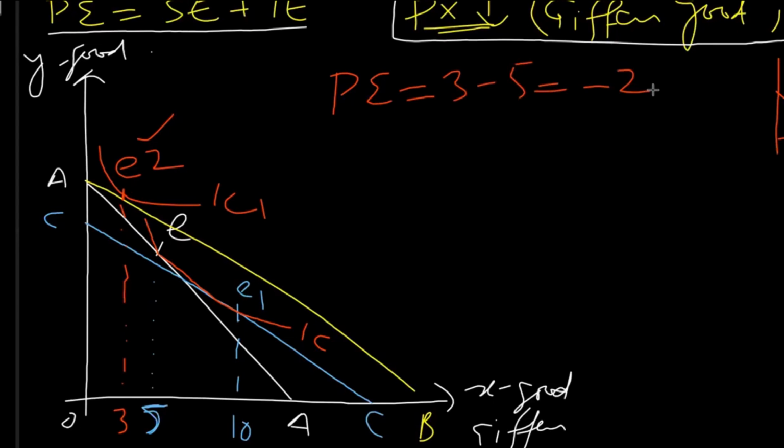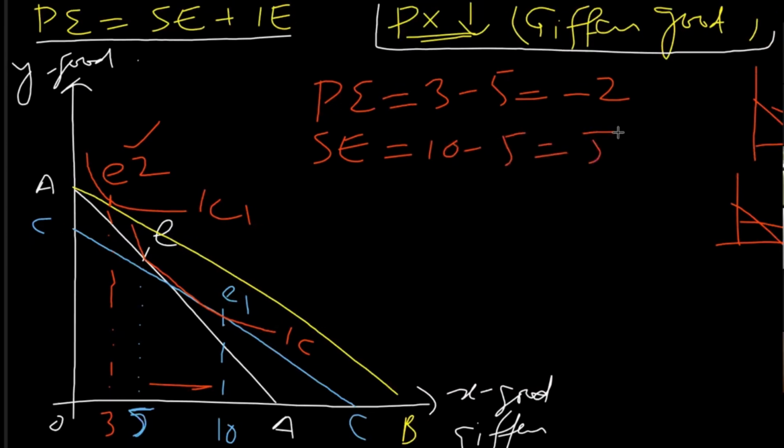And again now we will have to find out substitution effect, and substitution effect is basically shown with two cross lines. So one equilibrium is taking place at E and the other one is taking place at E1 on the cross lines. So this much is the substitution effect, and this is equal to 10 minus 5, which is equal to 5.